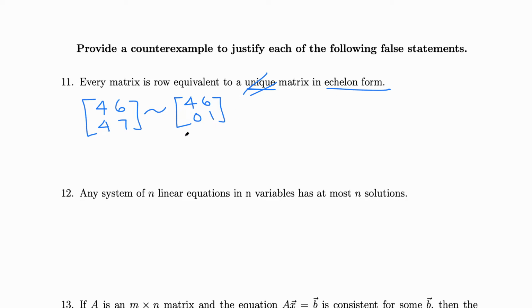At the same time, we can go further and divide the first row by 2. We get 2 3, 0 1. This is also in echelon form for this matrix. So for this matrix, we got one echelon form and another echelon form, and this is not unique. So not unique.